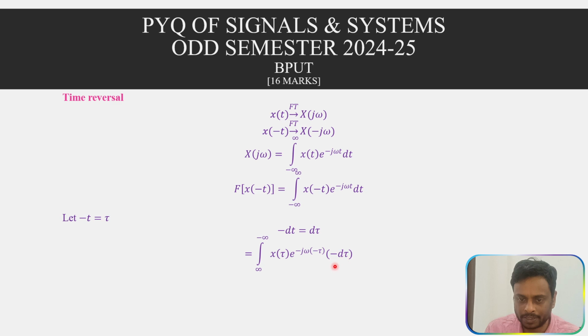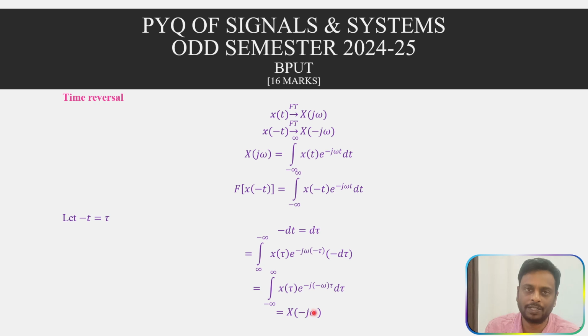Because we have changed the limits, the negative sign cancels. So x of tau e to the power minus j omega minus omega tau, which is the Fourier transform X of minus j omega. So this is the time reversal property.